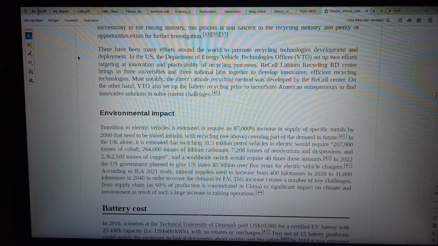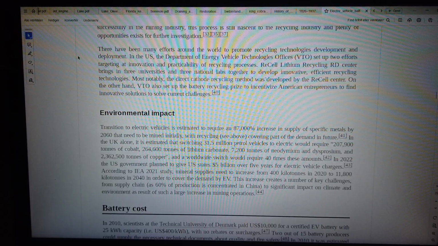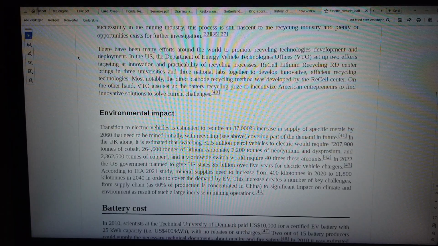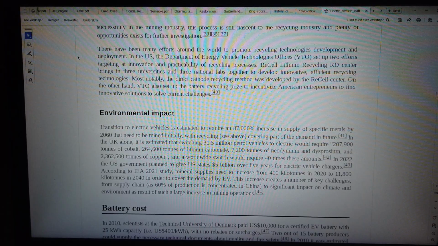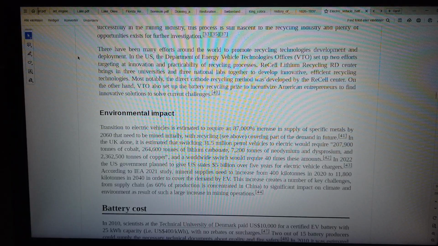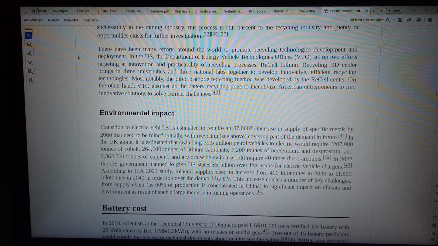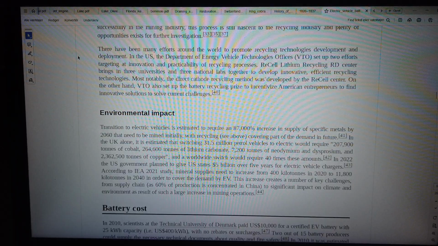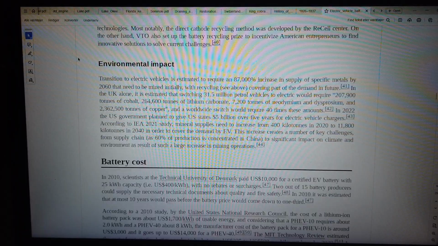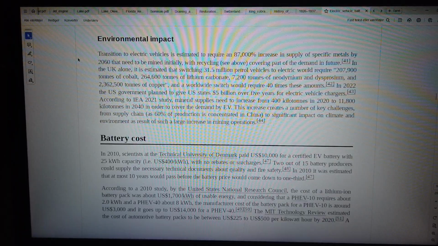The ReCell Lithium Recycling R&D Center brings 3 universities and 3 national labs together to develop innovative, efficient recycling technologies. Most notably, the direct cathode recycling method was developed by the ReCell Center. On the other hand, VTO also set up the Battery Recycling Prize to incentivize American entrepreneurs to find innovative solutions to solve current challenges.